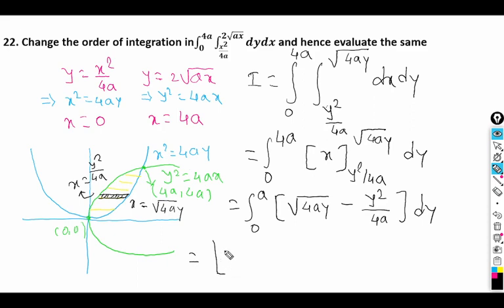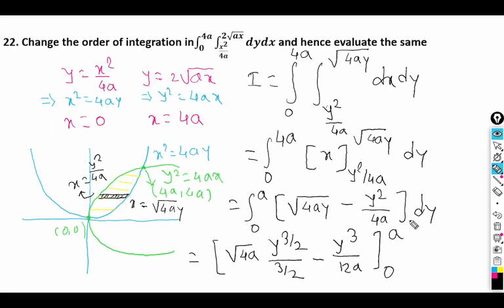Root 4a is a constant as it is. This is root y, y raised to half. The integral of y raised to half is y raised to 3 by 2 divided by 3 by 2, minus y cube upon 4 times 3, that is 12a. Limits 0 to 4a. Just simplify these powers. Rules of indices are important here, and we get the answer.